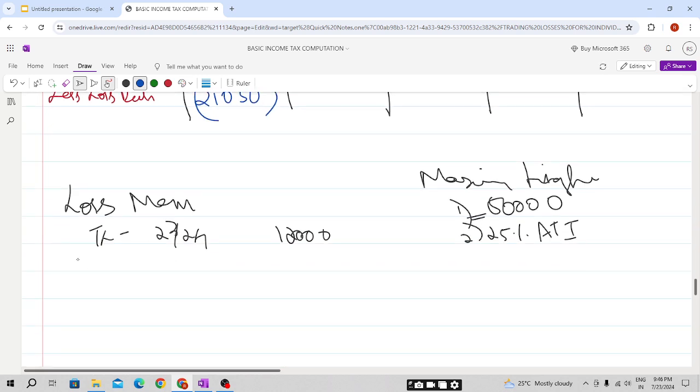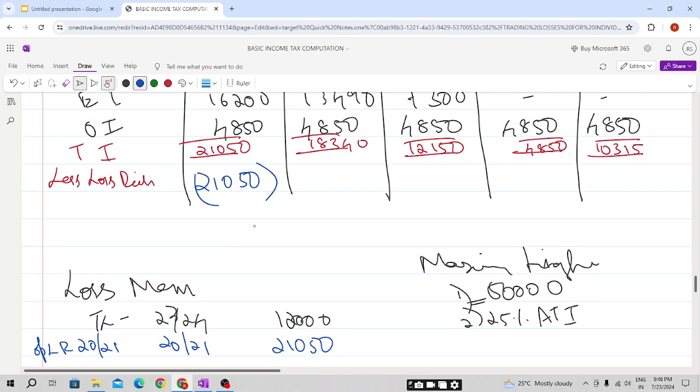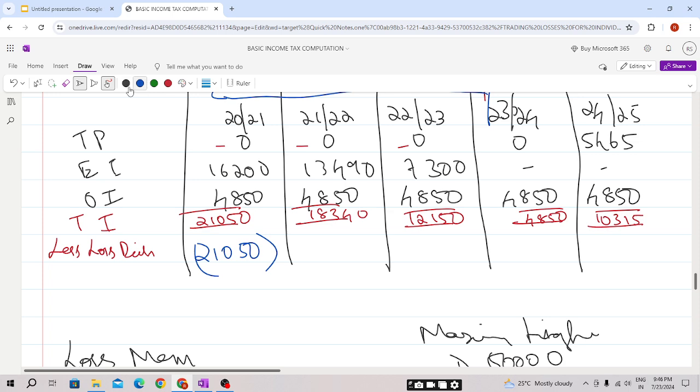So here, 2021 opening loss relief. So students, we can set off the whole amount, but our loss is only 12,000. I hope this is clear.